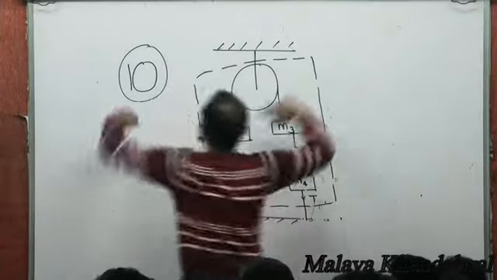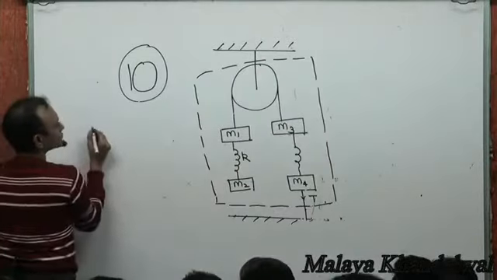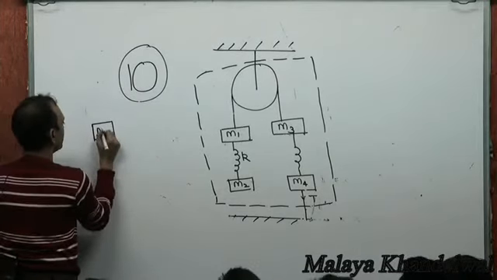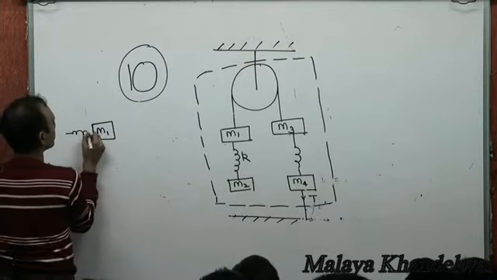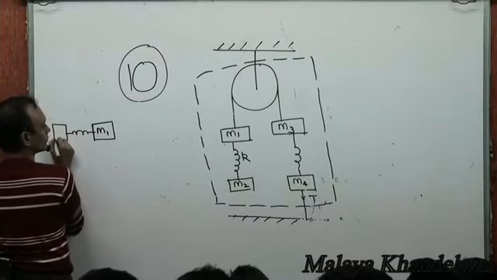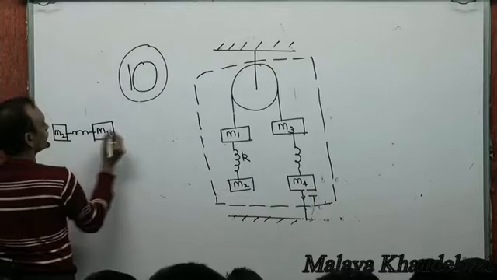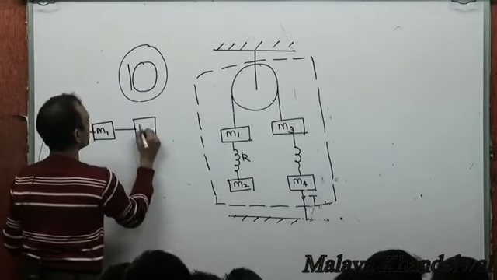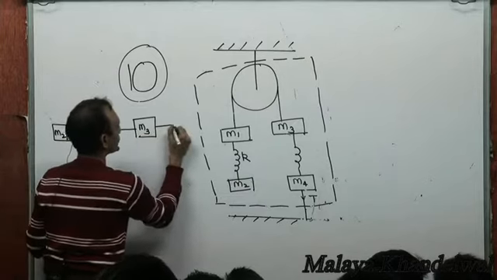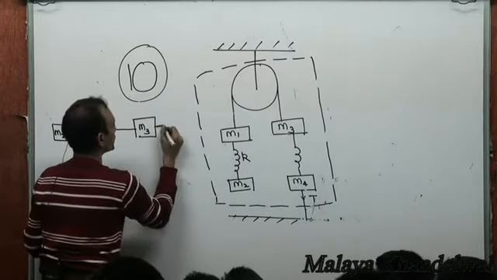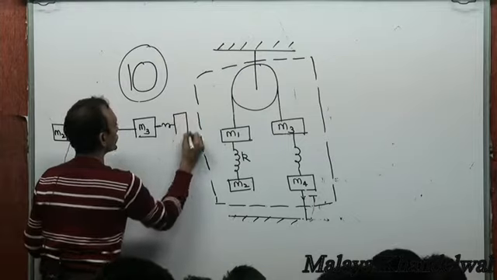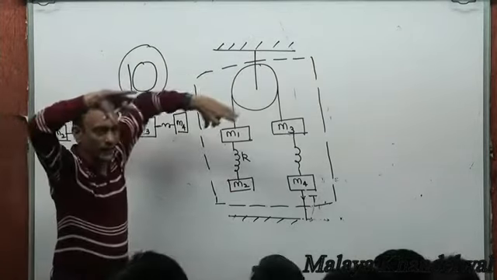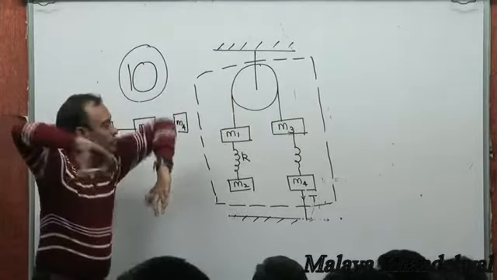And if you want to open it up, then M1, M2, M3, M4 with a spring, M4, right? If I imagine it to be opened up, mentally imagine it to be opened up.